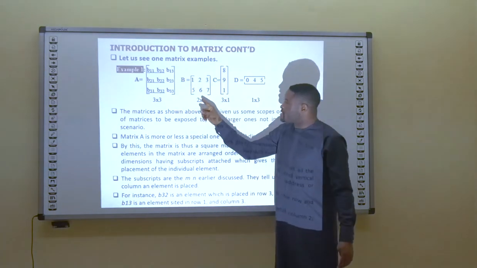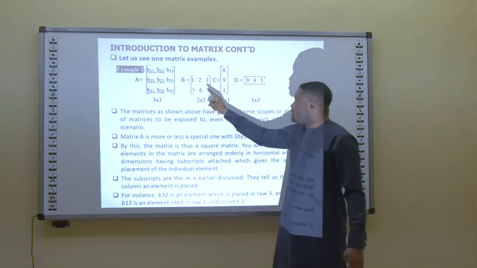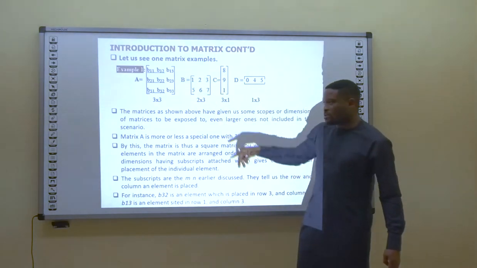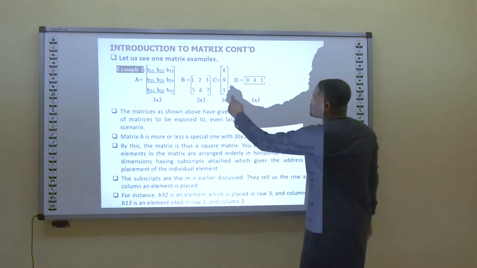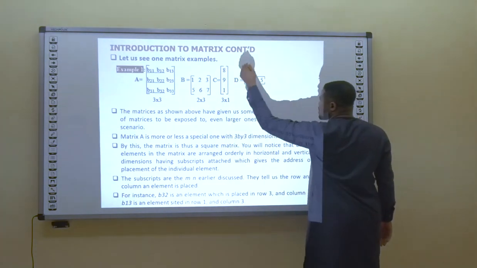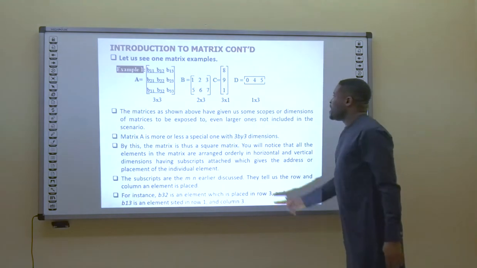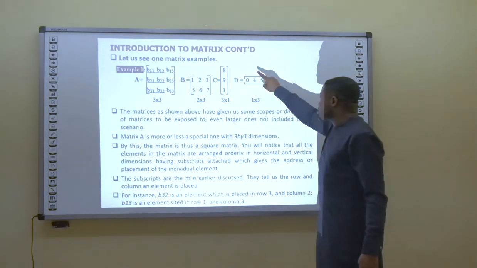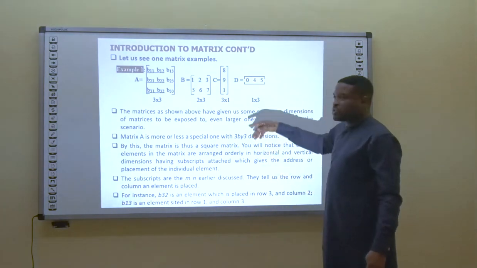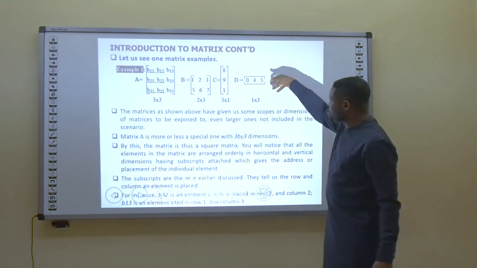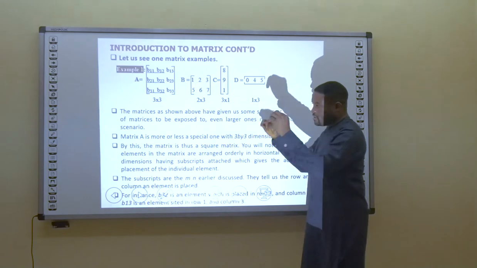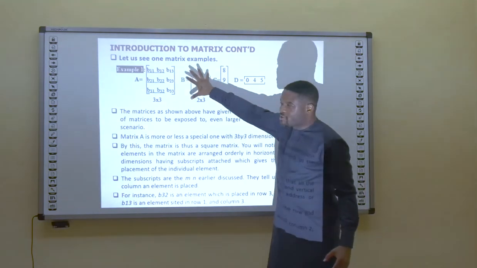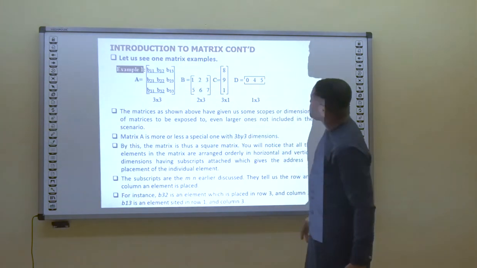This is a 2 by 3 matrix because the rows are just 1, 2, and the columns are what? 3. This is called a 3 by 1 matrix because the rows in this column are 3 and then just 1 column. And then this is called a 1 by 3 matrix, because we have 1 row and also 3 columns. So it's important that we understand that the rows in the matrix come first before the columns.